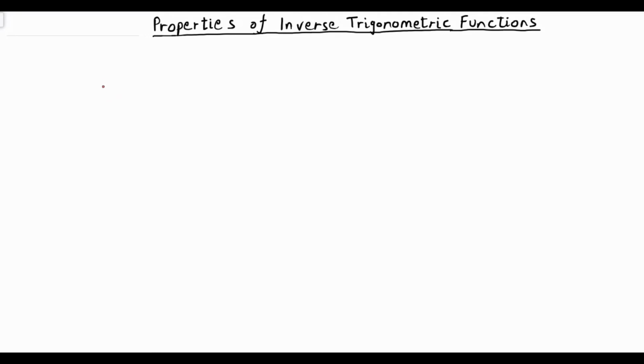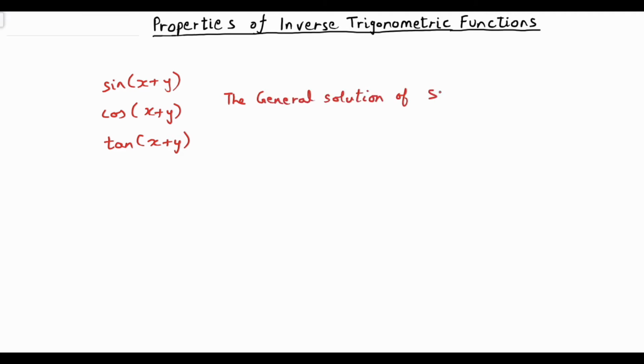Hello everyone. Before you start watching this lesson, I am assuming that you already have a basic understanding of the various trigonometric formulas like sine of x plus y, cos of x plus y, tan of x plus y, the general solution of sine, cos, tan, how the sign of the trigonometric functions changes with the quadrant, like sine is positive in the first and second, negative in the other two.